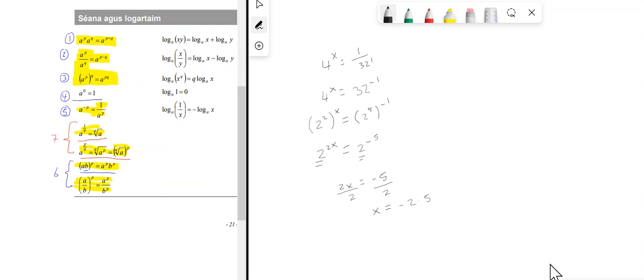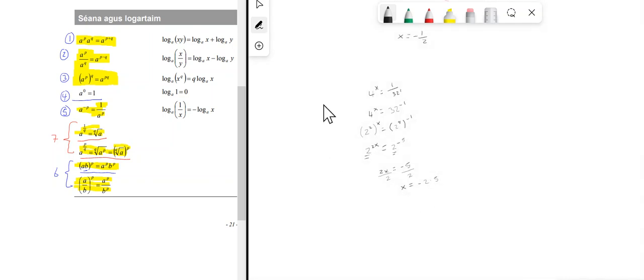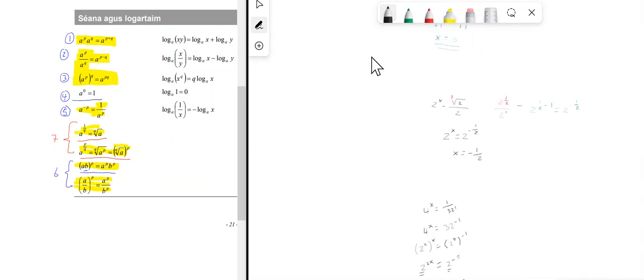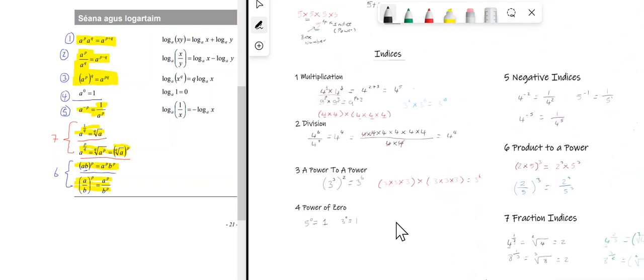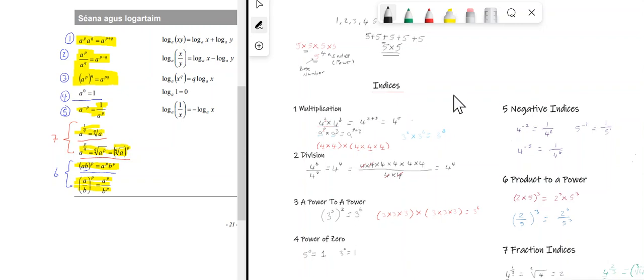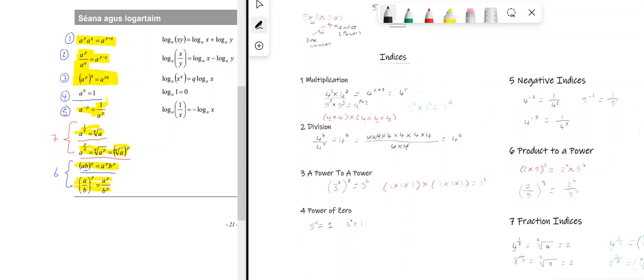So that is indices, and we have looked at the rules of indices. Just as a quick recap, we're finished now. We looked through each of the rules, and you need to know these rules of indices. You don't need to memorize them, they're all contained within your logbook on page 21.